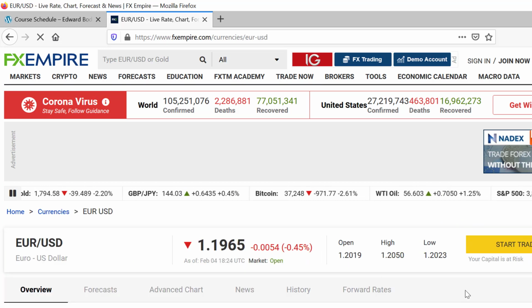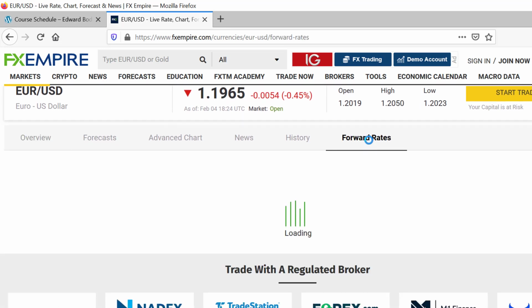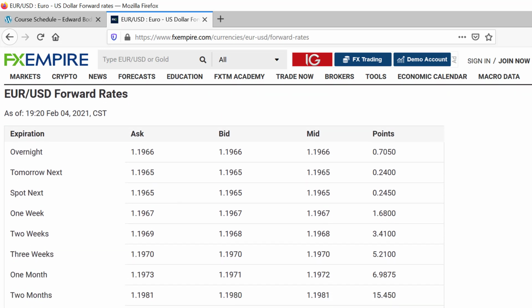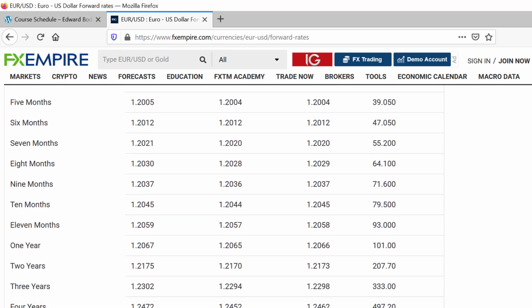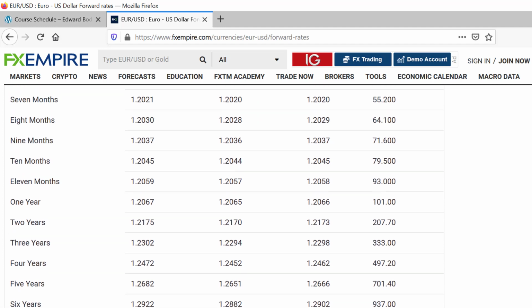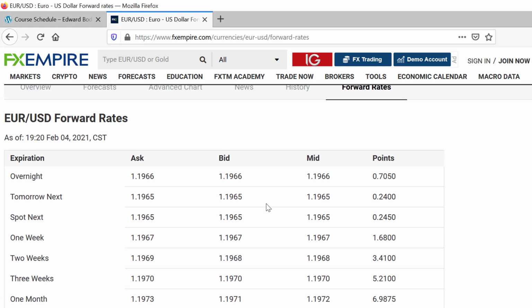And right now, if we go to the forward rates, we're going to use these forward rates in the sculpting and in the analysis. Right now, if you want to lock in the euro, you're going to have to pay 1.3 USD for your euro in 10 years, whereas today you only have to pay 1.196.